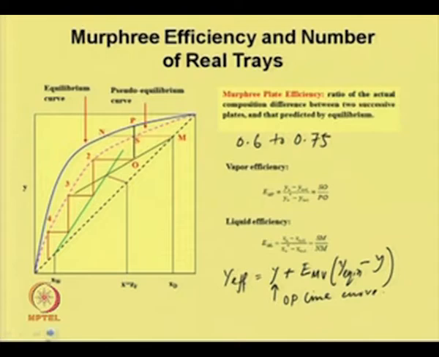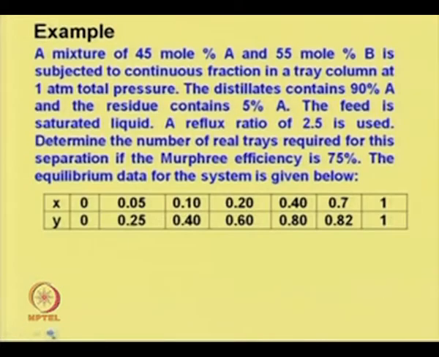Now, let us take an example to see how to calculate the number of stages using Murphy efficiency. A mixture of 45 mole% A and 55 mole% B is subjected to continuous fractionation in a tray column at 1 atmosphere total pressure.